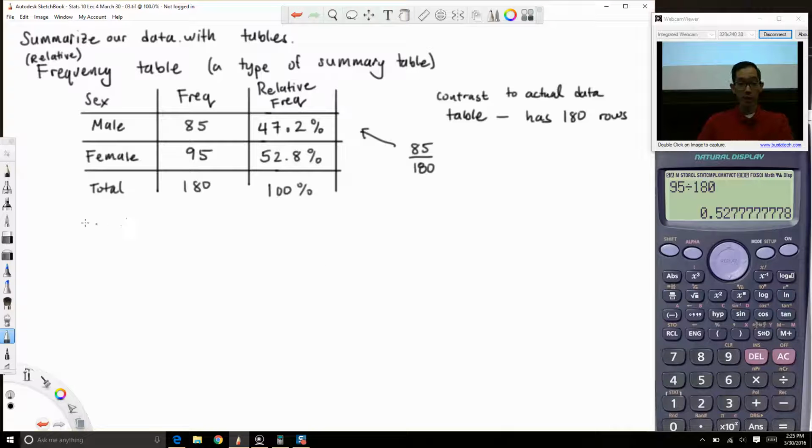Okay, and we can also create a two-way table. Okay, so a two-way table is basically a frequency table, but for two categorical variables.